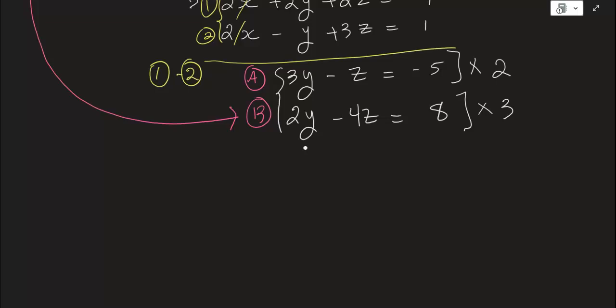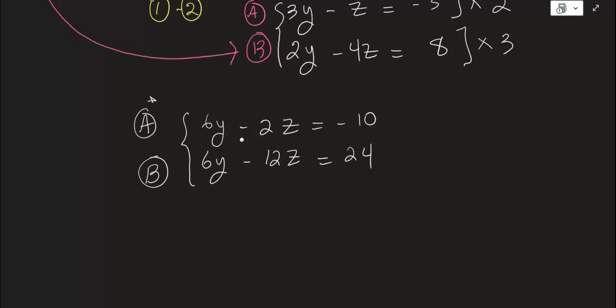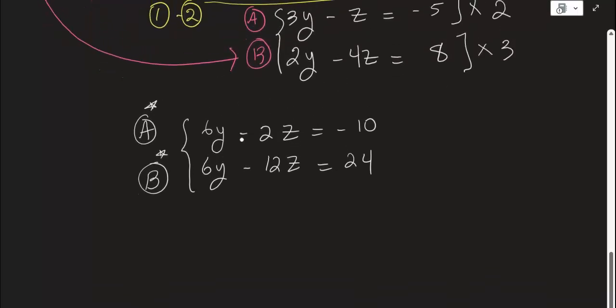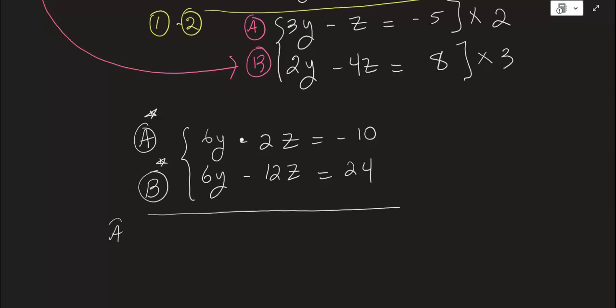Now when we do that, we rewrite. The new equation A, let's call it A star because we have manipulated it, and that's B star. Now we have the new system after multiplying equation A by 2 and equation B by 3 respectively. Then let's do equation A minus equation B. 6y minus 6y is 0, so we don't have to write that.